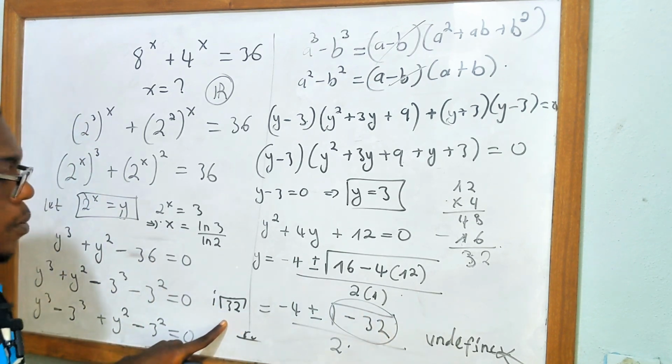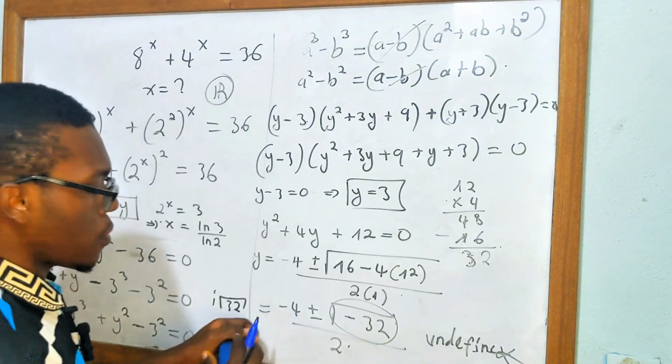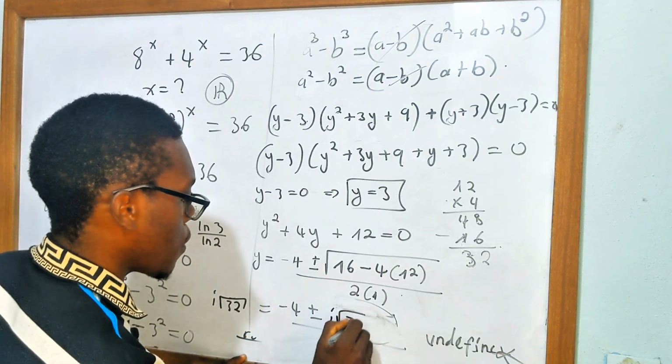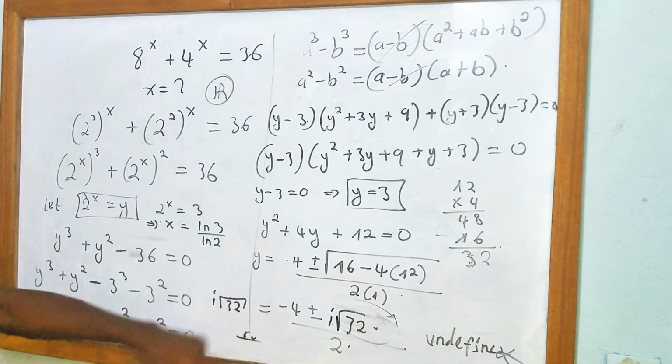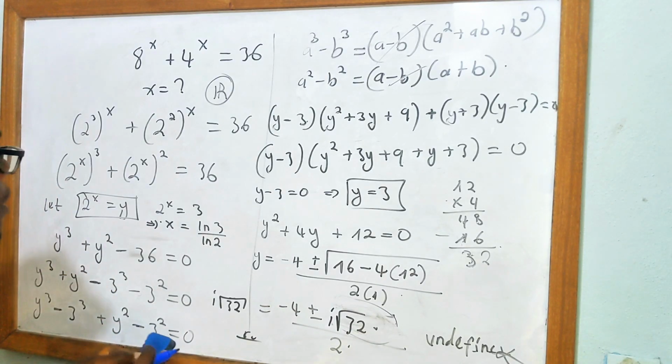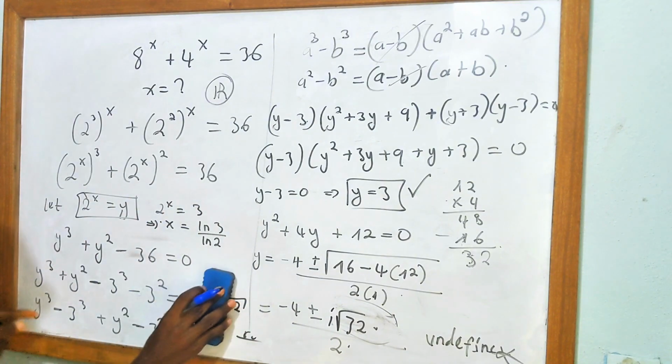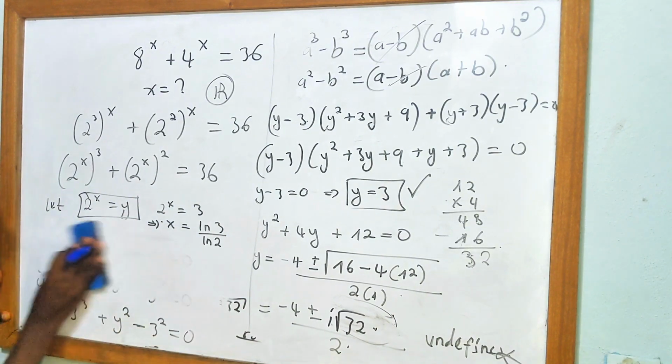That will be negative 4 plus or minus i root 32, but that is not our cup of tea. Hence, we come back to the unique value.